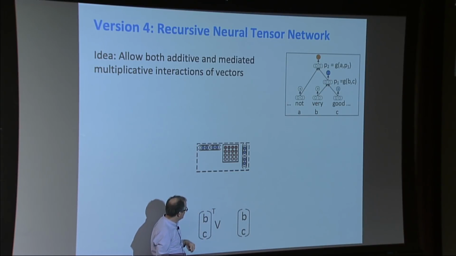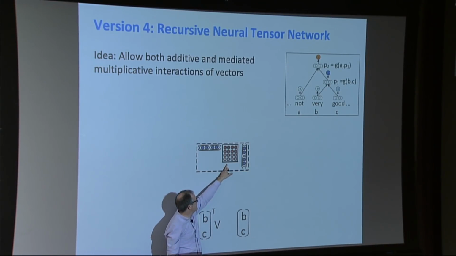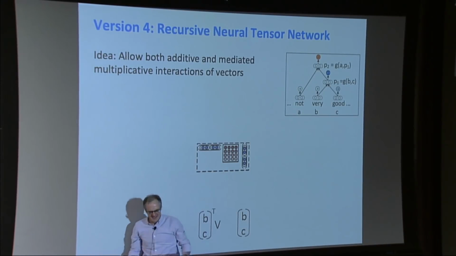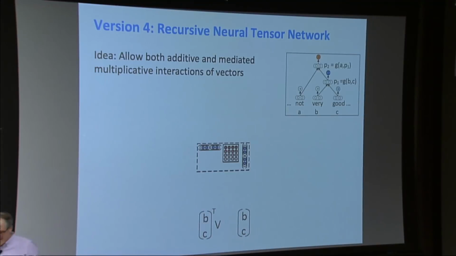But there's a way to fix that, which is to say, well, rather than having a matrix here, what we could stick here is a three-dimensional cube, which physicists and deep learning people now call a tensor, right? So a tensor is just a higher multi-dimensional array in computer science terms.